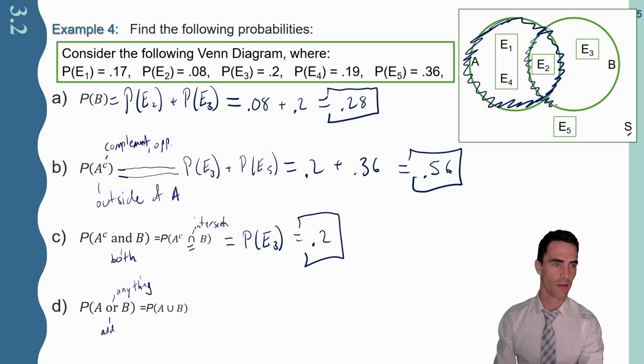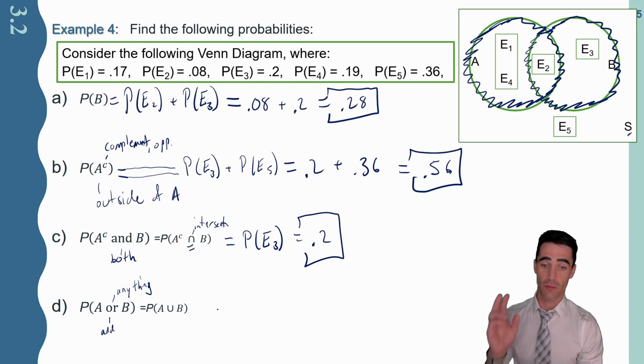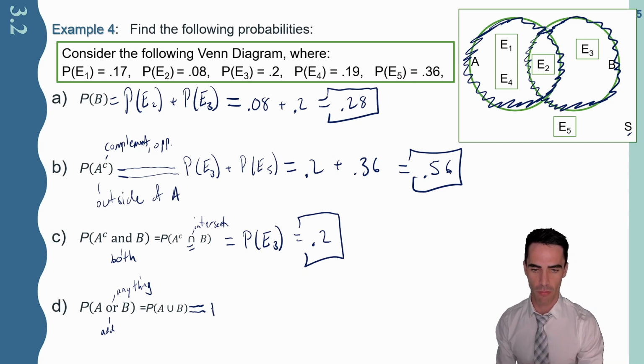And so I'll write them together. And anything goes. If I want to find this probability, there's actually two ways to do it. Let me demonstrate the long way first, but we won't do it this way. I can do this by looking at all these events. This would be the probability of E1 plus the probability of E4 plus the probability of E2.